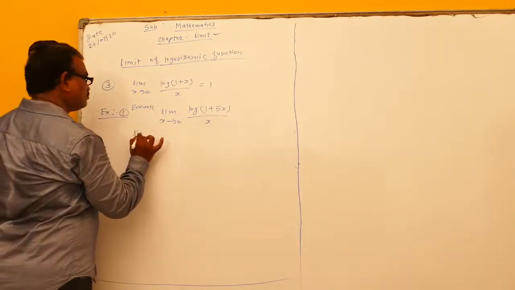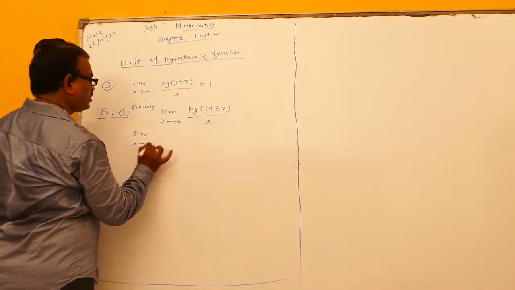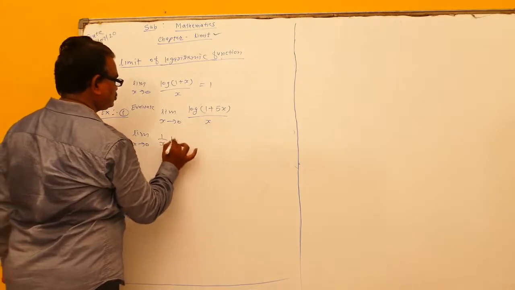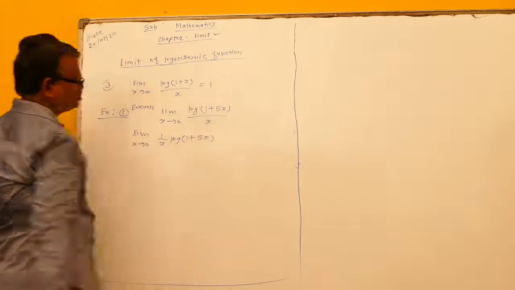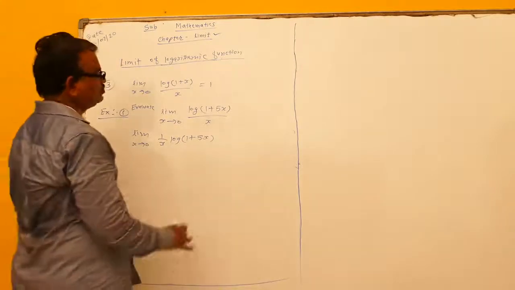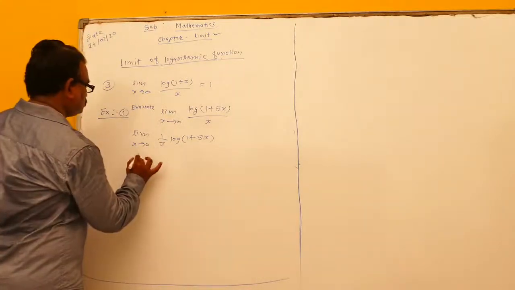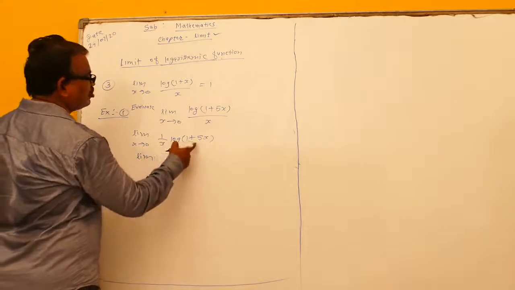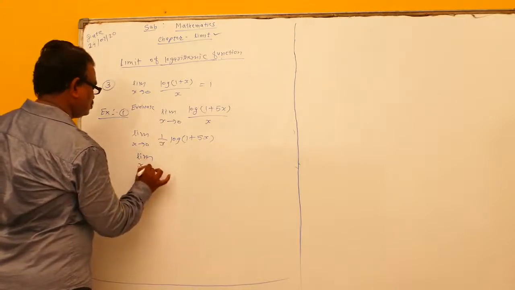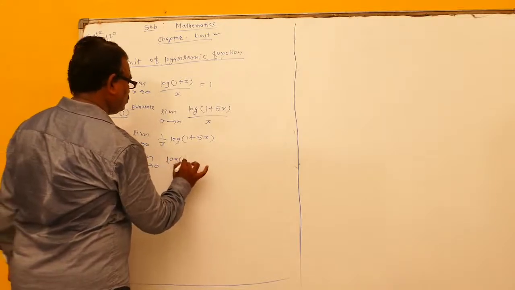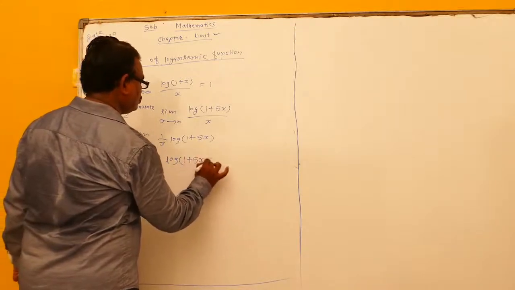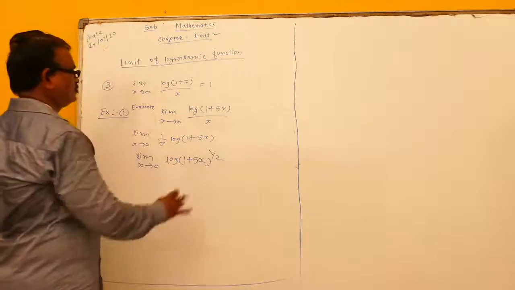This function of a limit can be written as 1 by x log of 1 plus 5x. If m log of x is given, then it will be log of x to the power m.